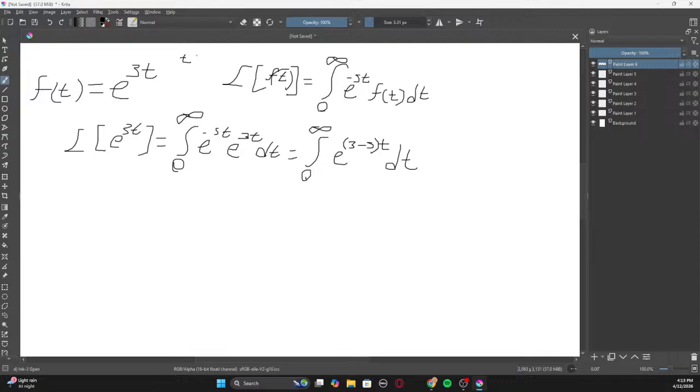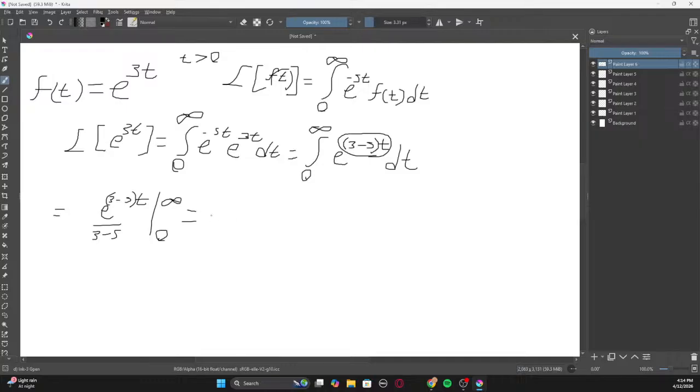So this will all be equal to this integral. Use substitution, putting this entire inner function as u. If you do that, you get e to the power of (3 minus s) t over 3 minus s, from 0 to infinity.